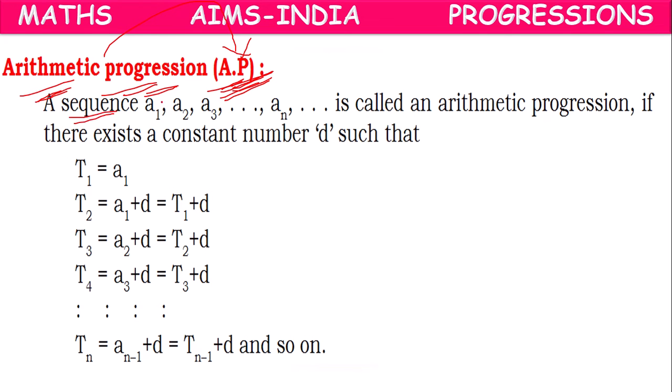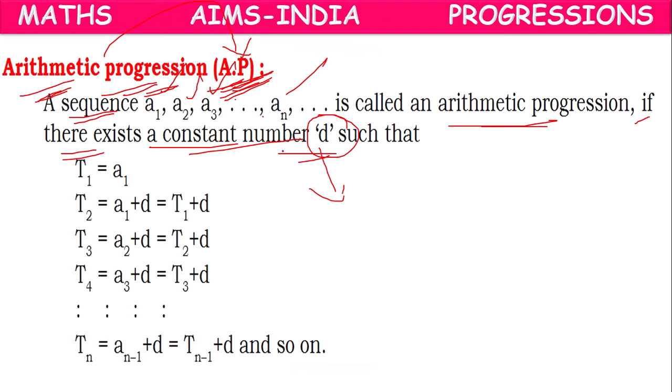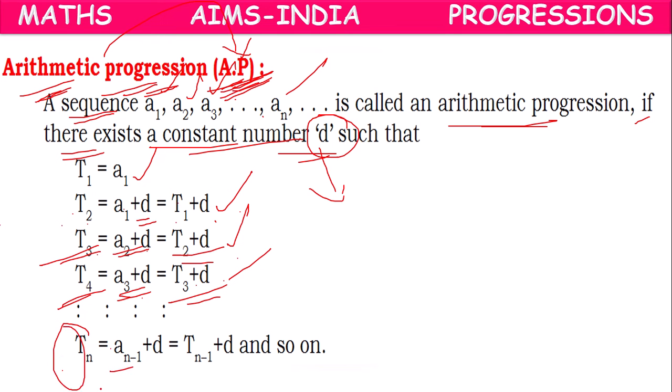Suppose a sequence A1, A2, A3 and so on up to An is called an arithmetic progression if there exists a constant number D such that T1 equals A1, T2 equals A1 plus D, which is equal to T1 plus D, T3 equals A2 plus D, which is equal to T2 plus D, T4 equals A3 plus D, which is equal to T3 plus D, and finally Tn equals An minus 1 plus D, or Tn minus 1 plus D.